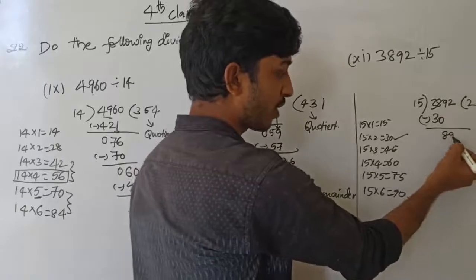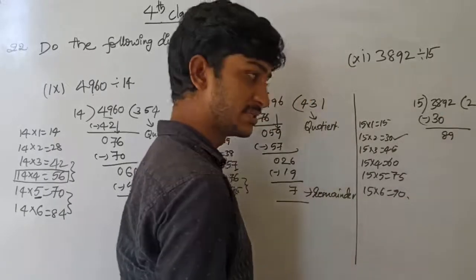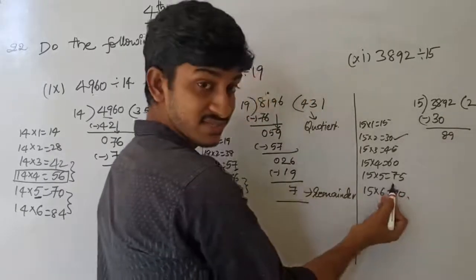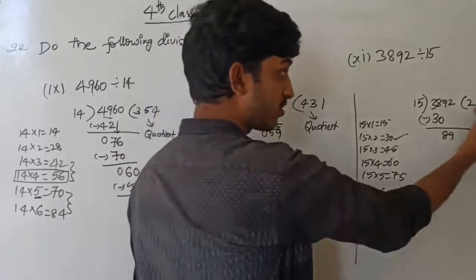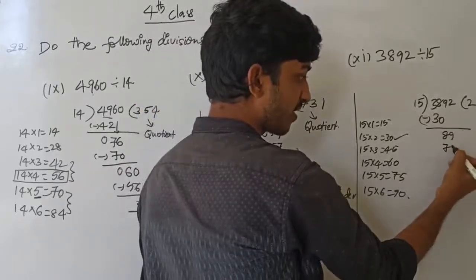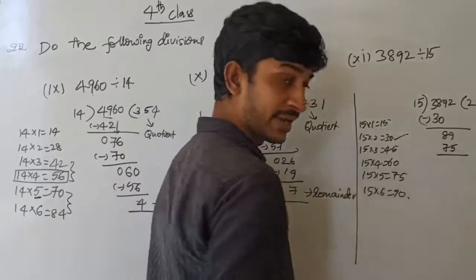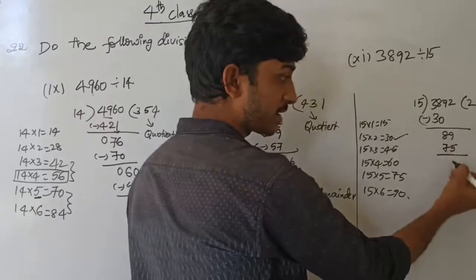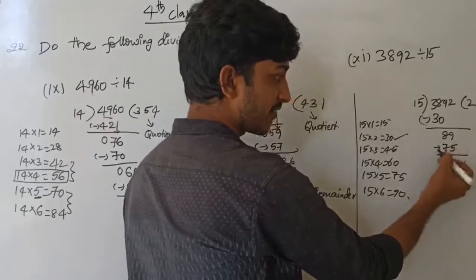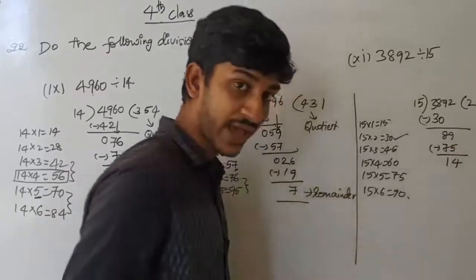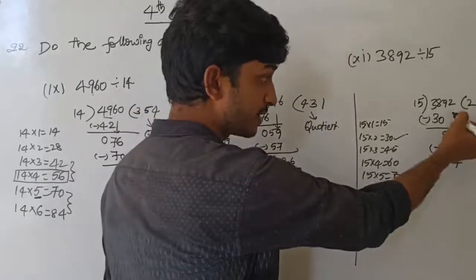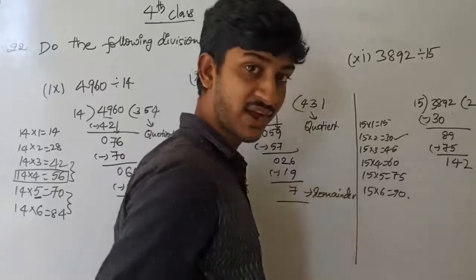I am taking 9 down to here, and it is 89. 89 is 5 times, 75 is the nearer value. So 5 times here, 75. 89 minus 75: 9 minus 5 is 4 and 8 minus 7 is 1. We have 14. So I am taking this 2 to here. It is 142.